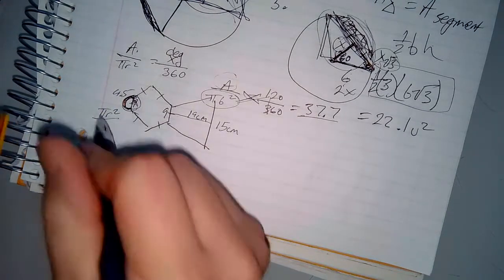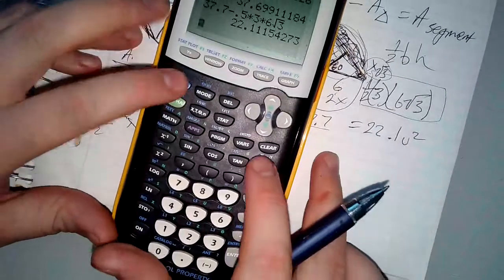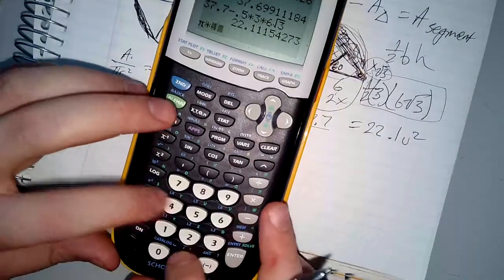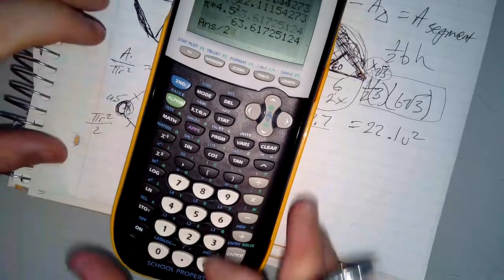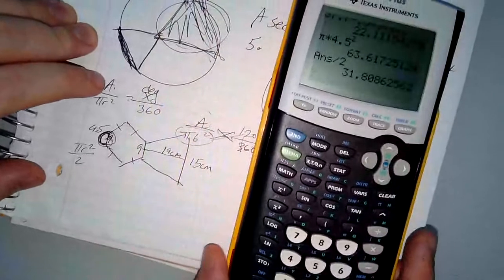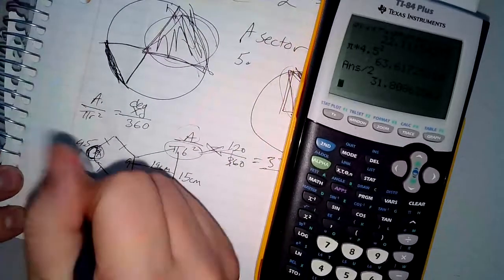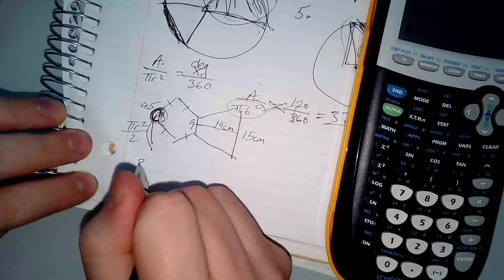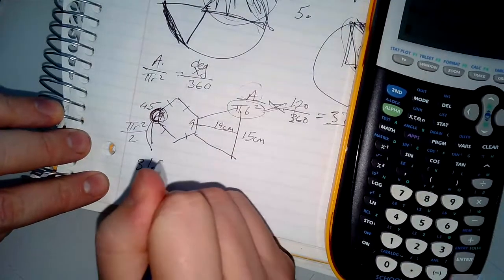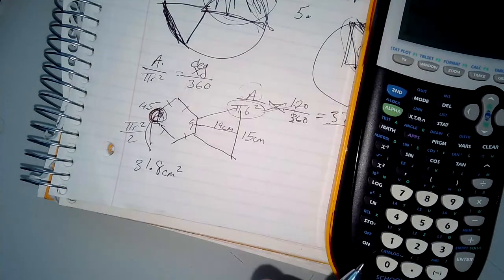So that is going to be pi times 4.5 squared divided by 2. And that will give me 31 and change. So 31.8. Let's call just this portion 31.8, and we are in centimeters squared.